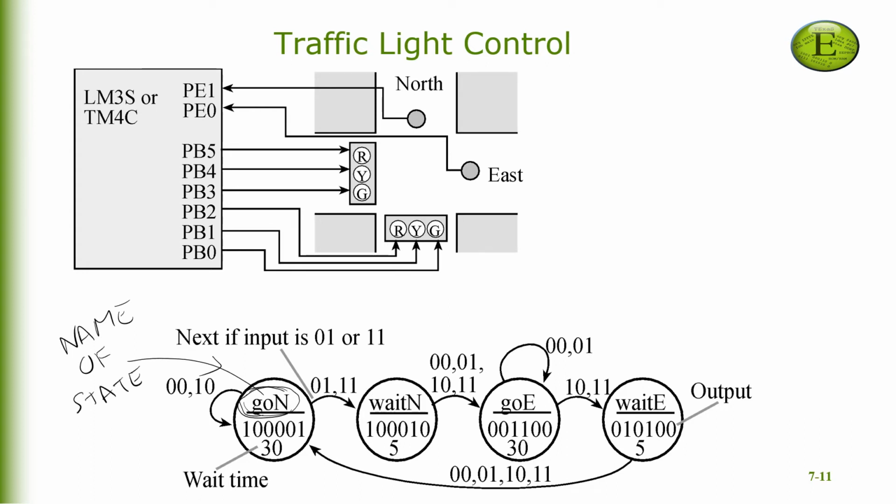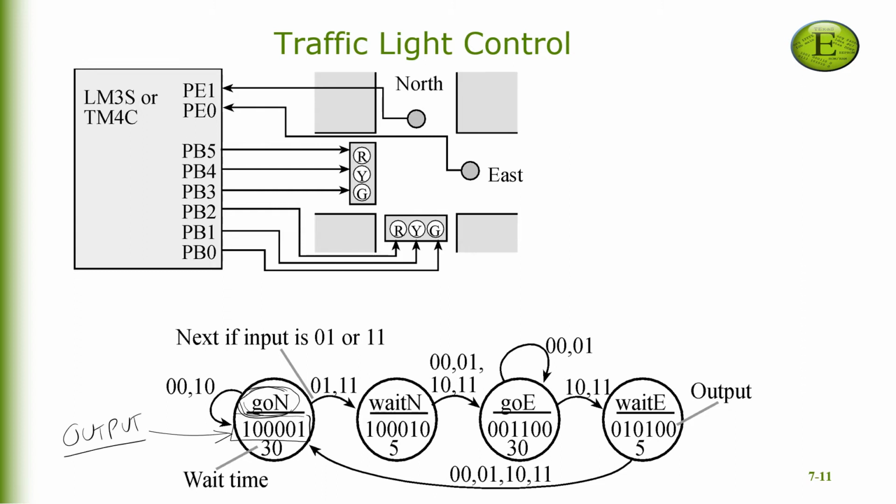It can be go north, it can be wait N, it can be go east, or it can be wait E. So the first of the 3 items indicated inside the circle represents the name of the state. Once the name is specified, then we have to give the output associated with the state. So the next item indicated in the state circle is the output.